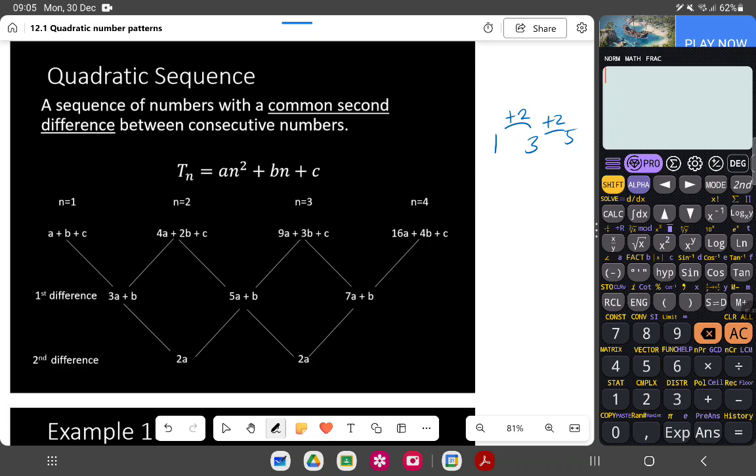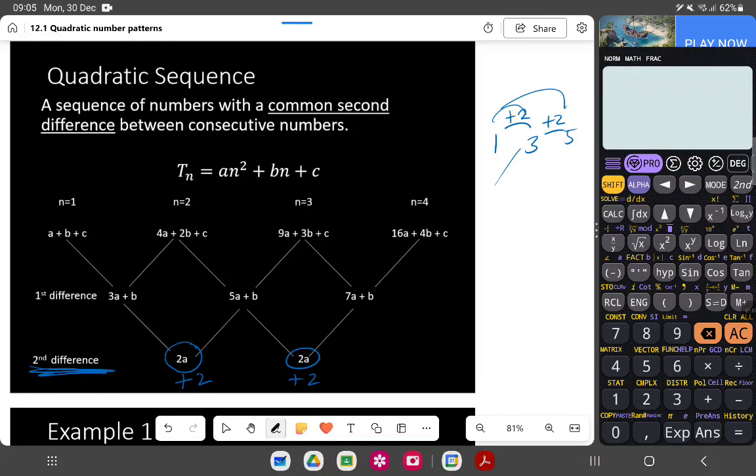What does that mean? When we did the arithmetic sequence, you added 2 to get to the next one, right? But when you are doing a quadratic, your constant difference, that plus 2, exists over here on the second difference. Now it's not always plus 2, I'm just using this example, but it's on the second difference. What do I mean by that?